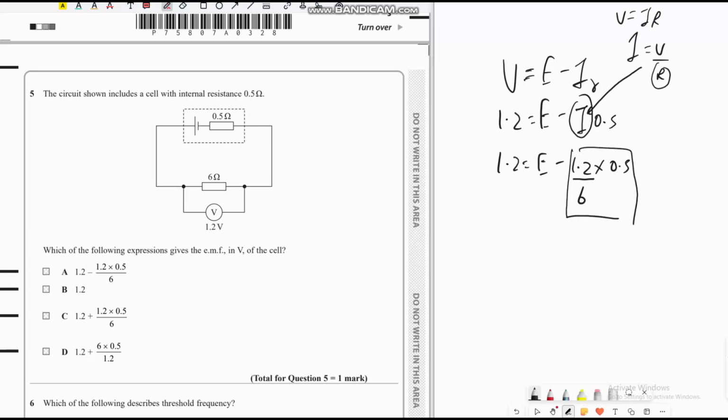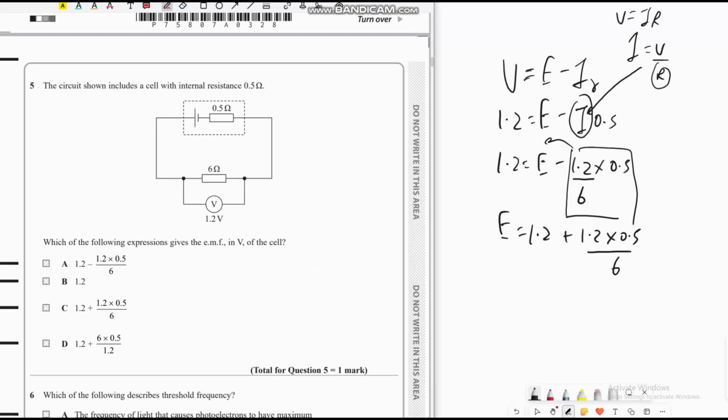Taking this variable to the other side of the equation, I get E equals 1.2 plus 1.2 into 0.5 over 6, which is answer C. Move to the next question.